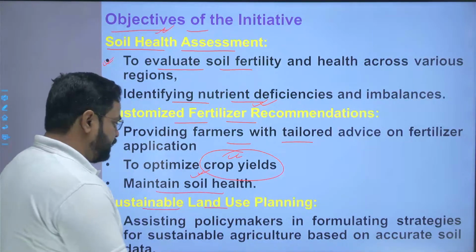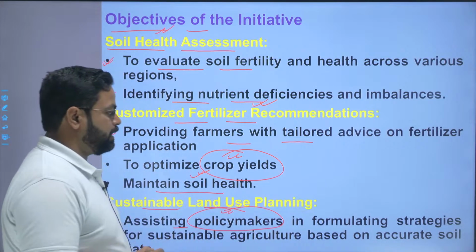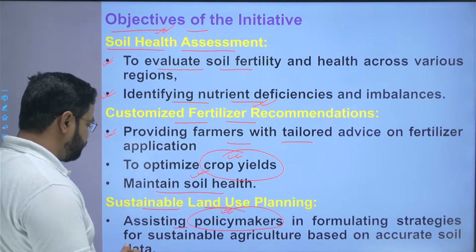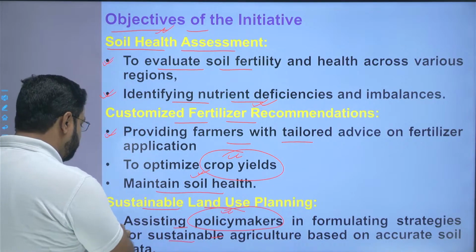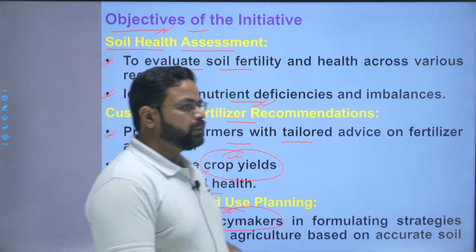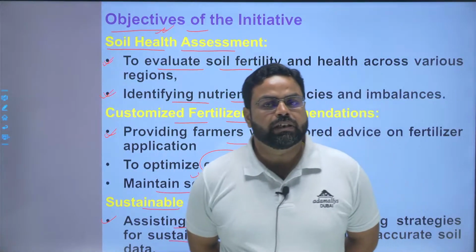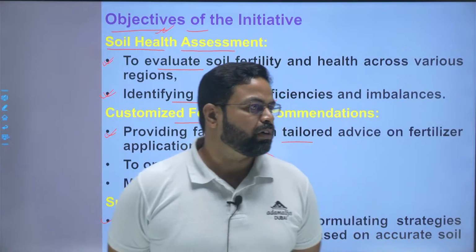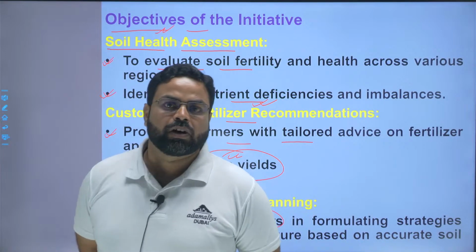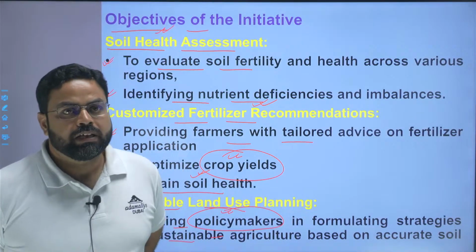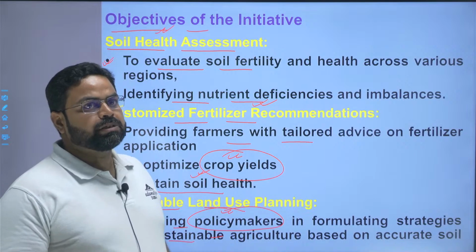So here it will assist policy makers in formulating strategies for sustainable agriculture based on accurate soil data. The policy makers will be better informed with respect to soil fertility, the nutrient type available in the soil, and the type of crop for which the soil is suitable, and accordingly they will plan the agricultural pattern and formulate the policy as well as the subsidy that should be provided.